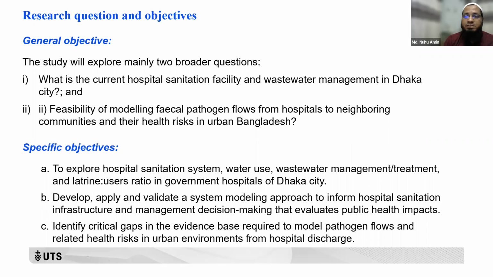Our specific objectives are to explore the hospital sanitation system, water use, wastewater management and treatment strategy, and latrine user ratio in government hospitals, and to develop, apply and validate a system modeling approach to inform hospital sanitation infrastructure and management decision making. The final objective is to identify critical gaps in the evidence base required to model pathogen flows and related health risks in the urban environment of Dhaka.